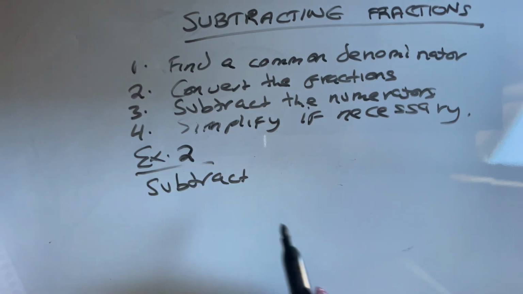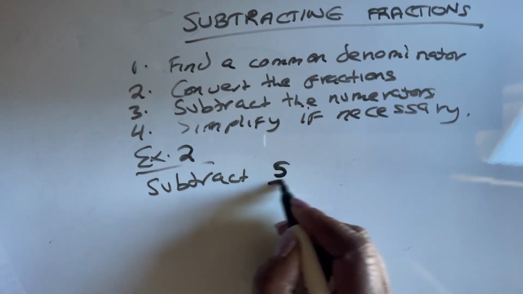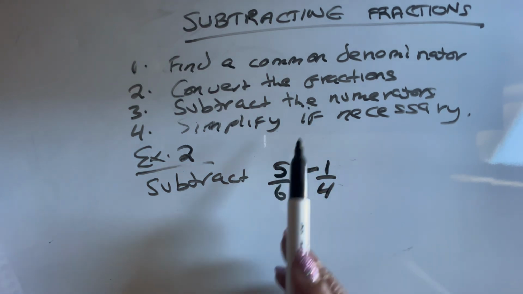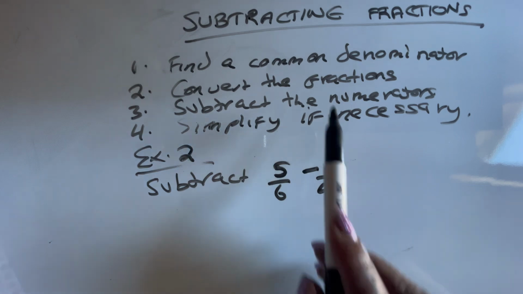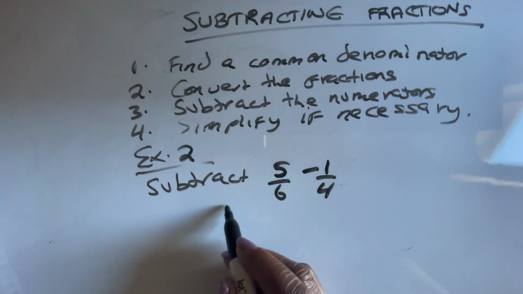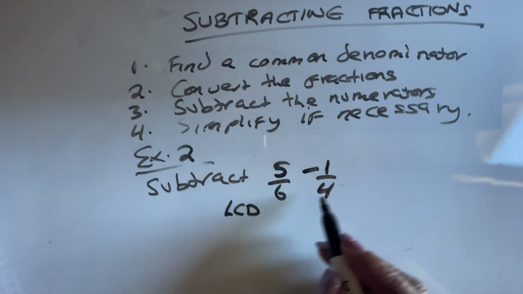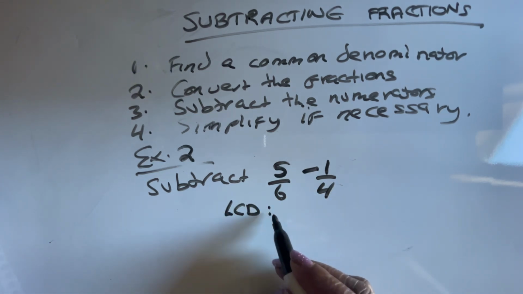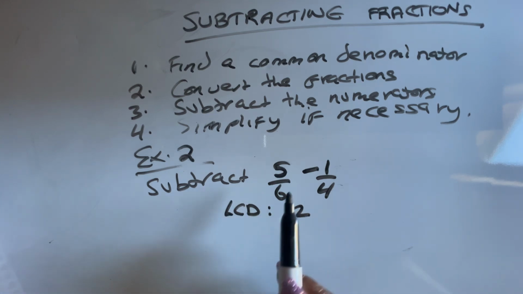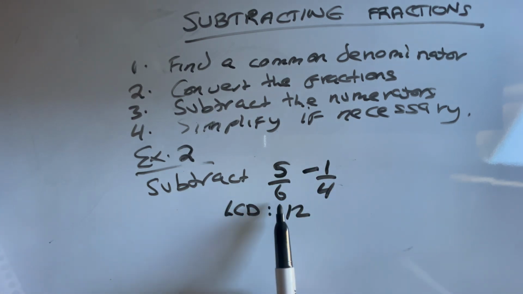Example 2, subtract 5/6 minus 1/4. As we mentioned before, the first thing we need to do is find the common denominator, and the least common denominator of 6 and 4 is going to be 12. Once we find the lowest common denominator, we want to convert the fractions so that they can have the same denominator.